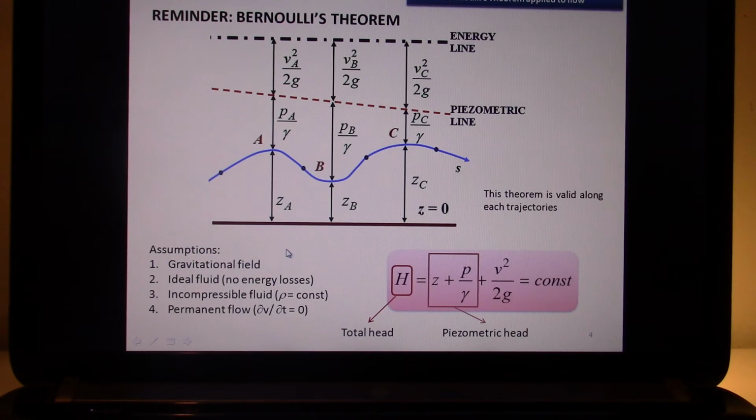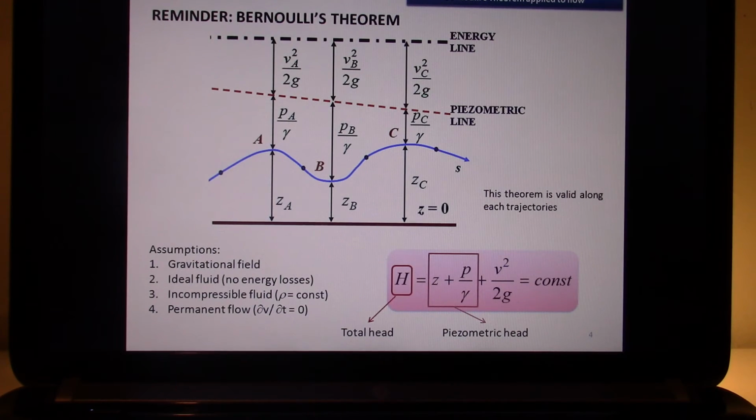Let's consider right now Bernoulli's theorem. A little reminder: when you study Bernoulli's theorem, of course, you have to take some assumptions. These assumptions are that you are considering a gravitational field with an ideal fluid, so it means that you don't have any energy losses. Your fluid is incompressible, which means that the density is almost constant.